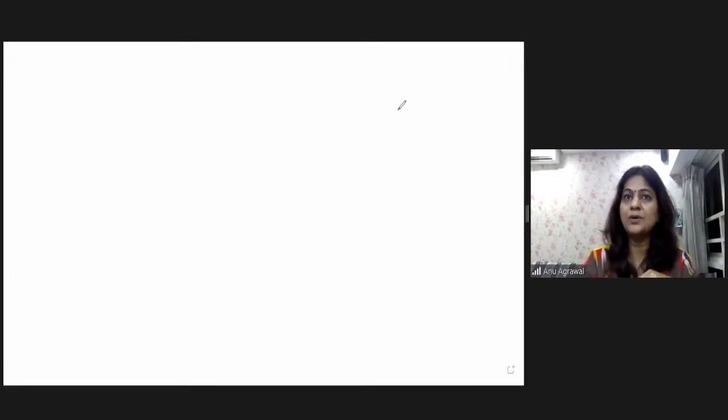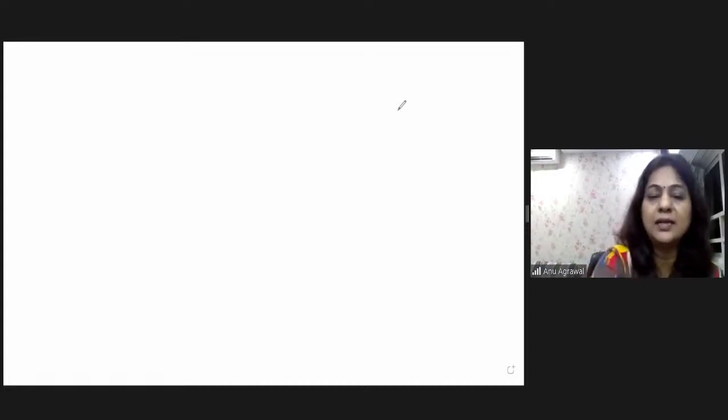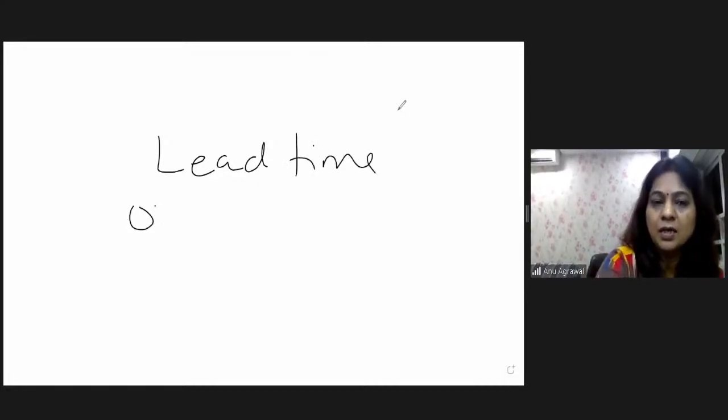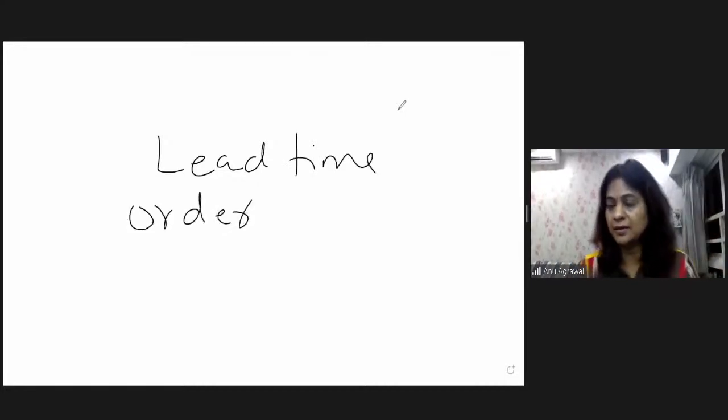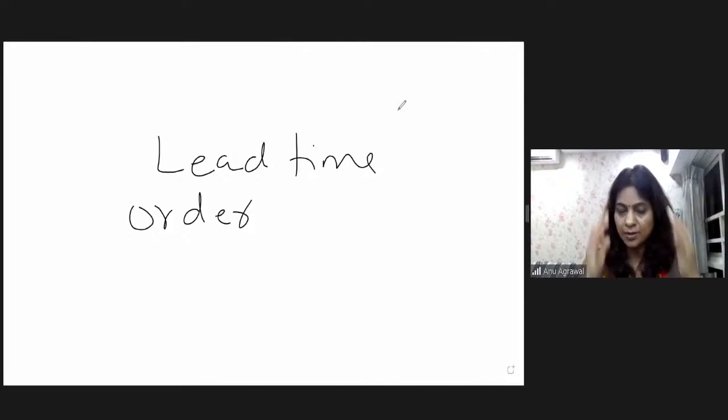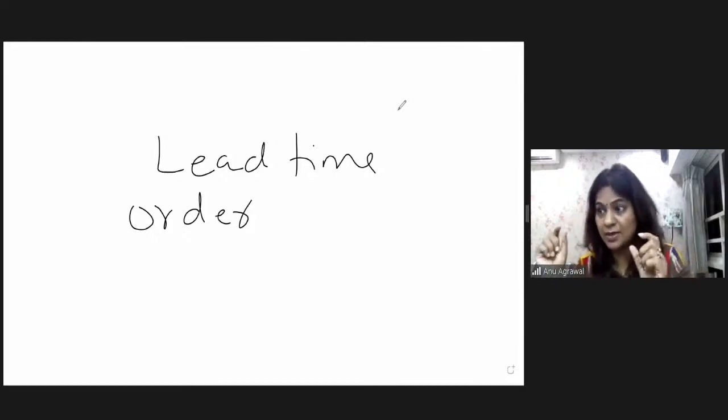Now, in our own houses, things are so easily available. But let's say you are staying in a remote place where there is a lead time involved. That is, when you order, you don't get the goods immediately. So you need to order more, right? Please try to understand, I'm just telling you a concept.